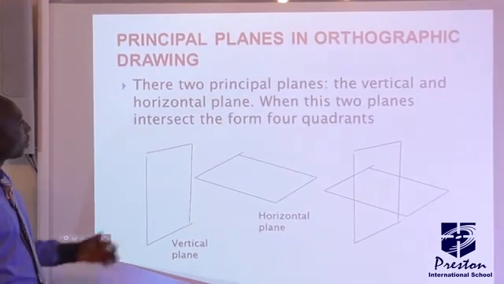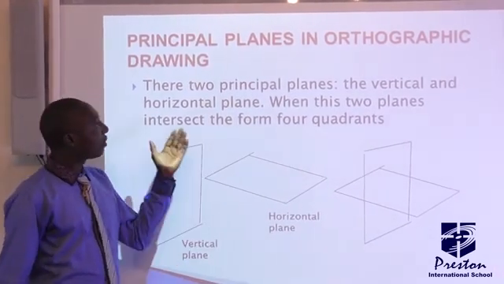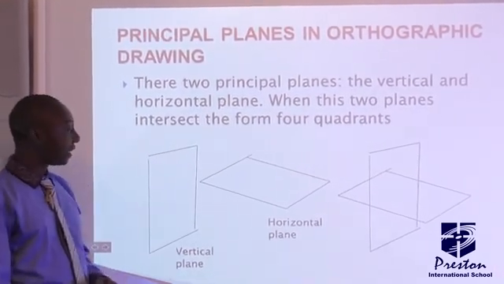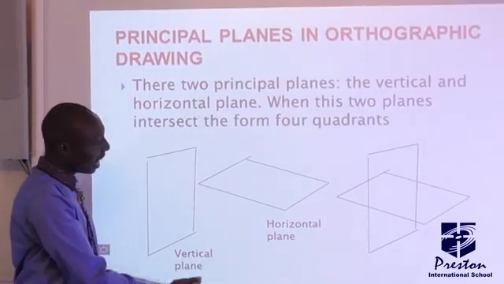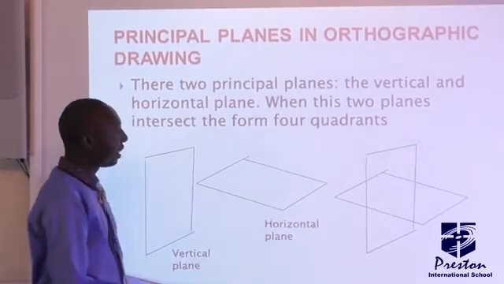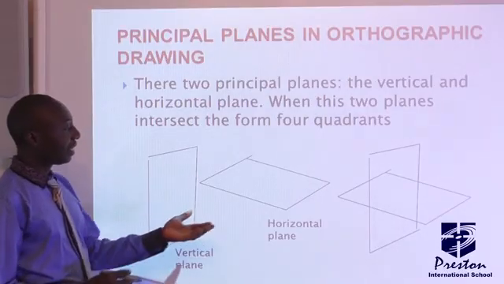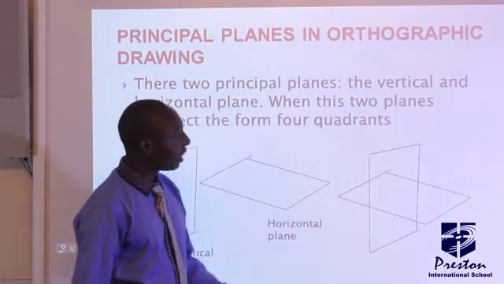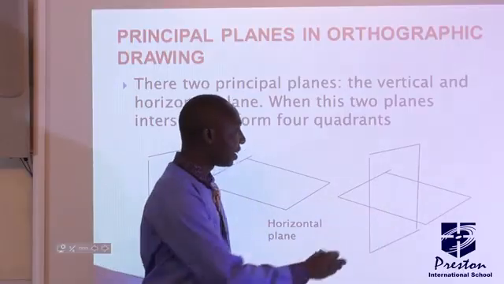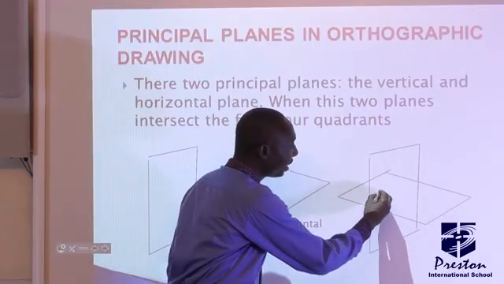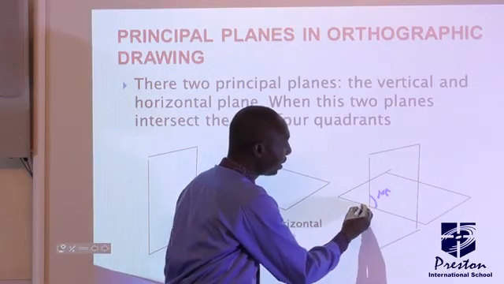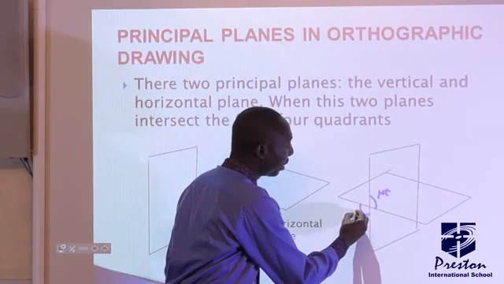Principal planes in orthographic drawing. We have two important planes, the vertical plane and the horizontal plane. When these two planes intersect each other, they form four quadrants. The first quadrant is here, and the third is here.